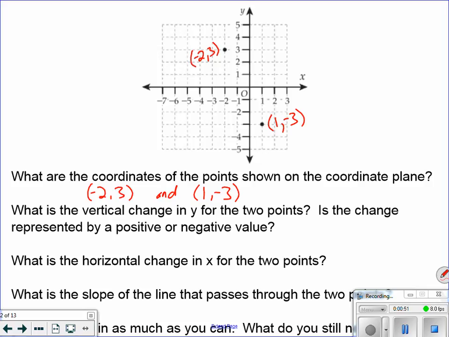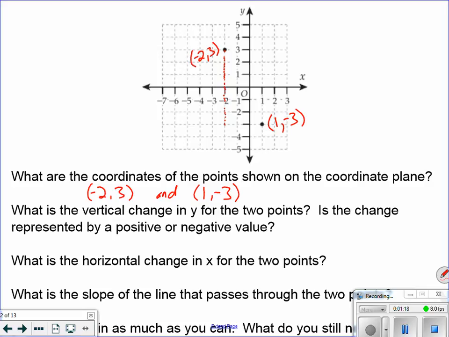Okay, next question says, what is the vertical change in y for the 2 points? Is the change represented by a positive or negative value? So if I look to go from this point, the -2, 3, down to the point 1, -3, just going vertical, I'm going down 1, 2, 3, 4, 5, 6 to get at that same level.